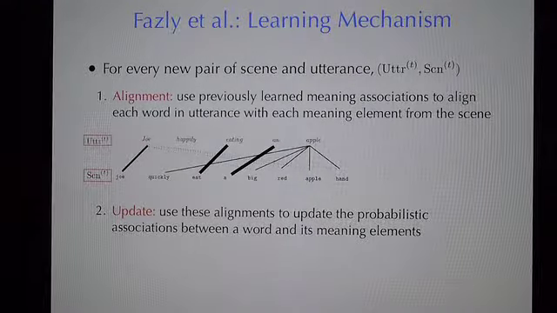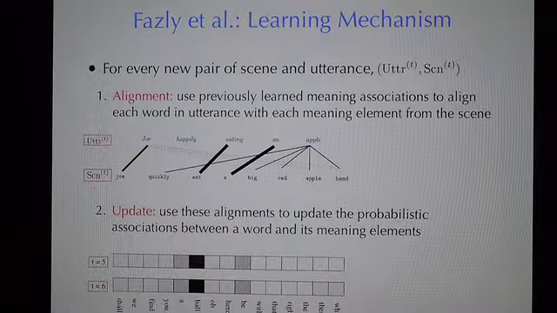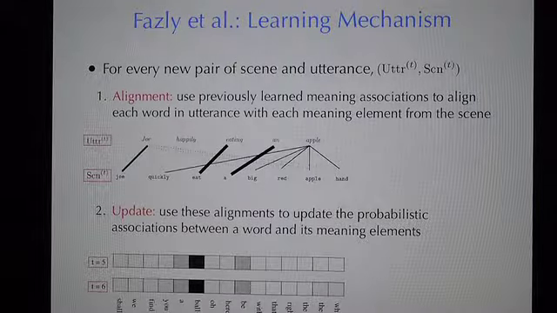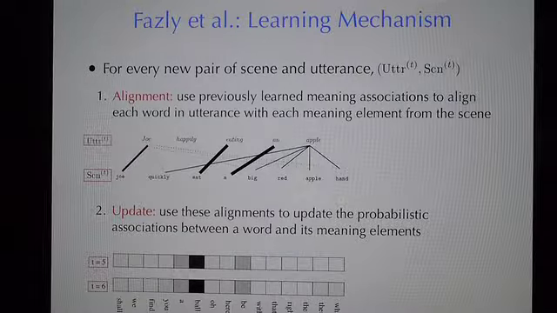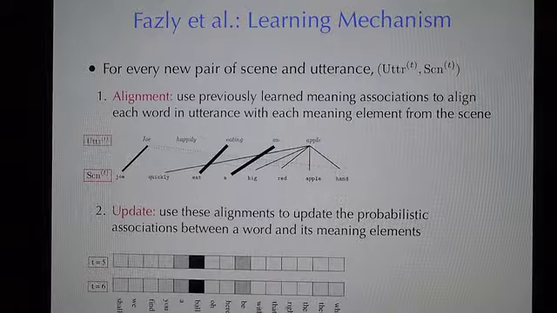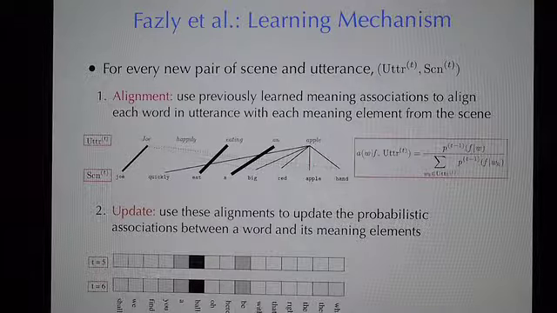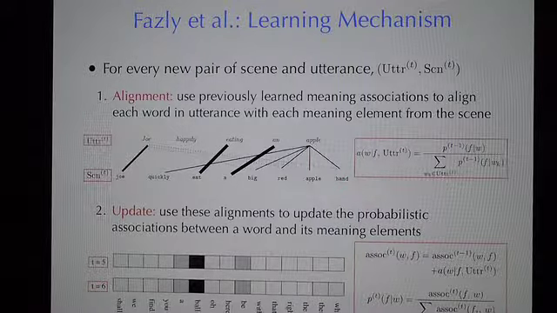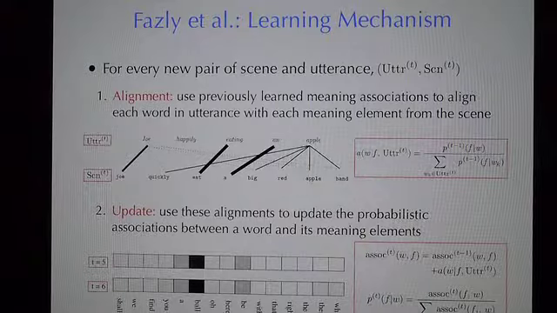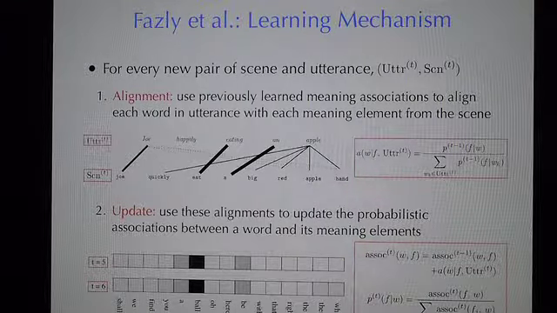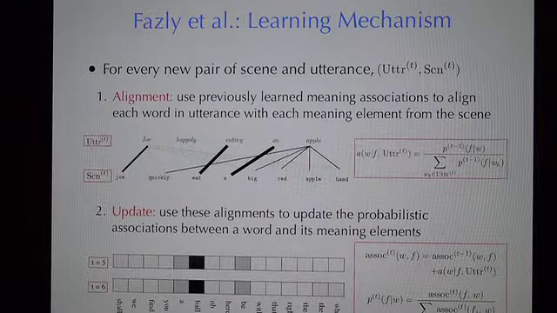So once its alignment scores are calculated, it updates the meaning of every word in this current sentence based on this alignment score. So the probability distribution is slightly adjusted. Of course, all this is done based on some mathematical formulation, which is not really our focus, but that's I explained the basic principle behind these formal steps.